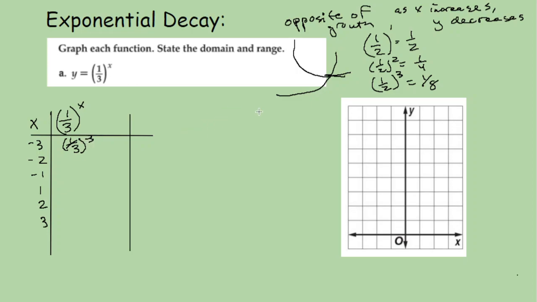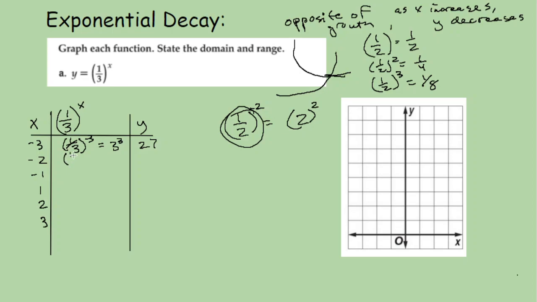When you raise a fraction to a negative power, like 1/2 to the -2 power, it's the same thing as flipping the fraction and losing your minus sign, so it becomes 2 to the second power. So (1/3)^-3 is the same thing as 3 to the third, which is 27. That's really, really big.